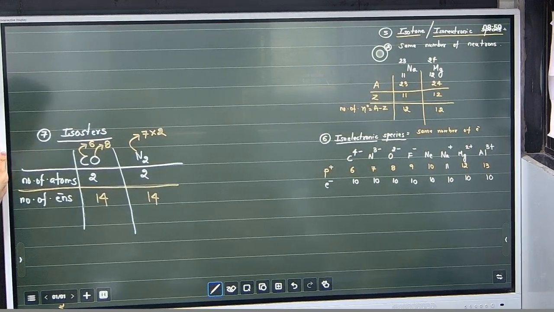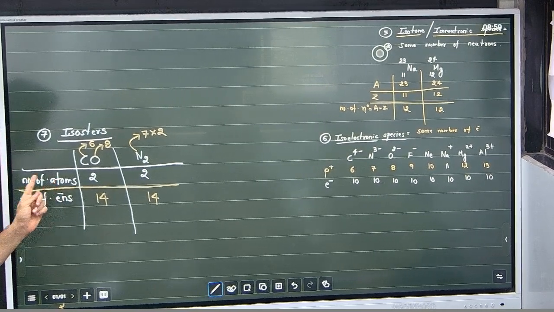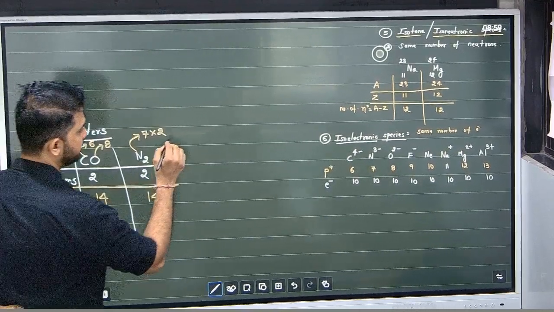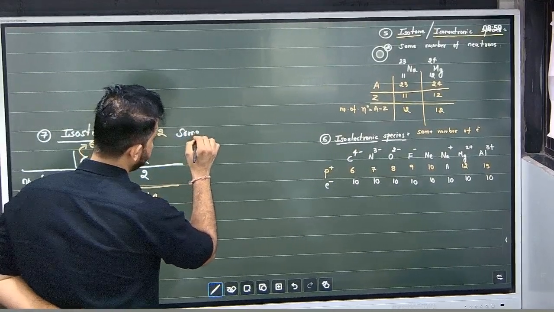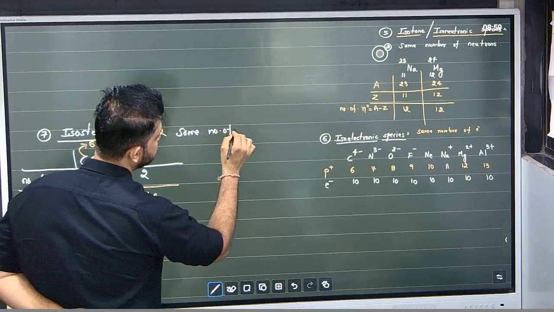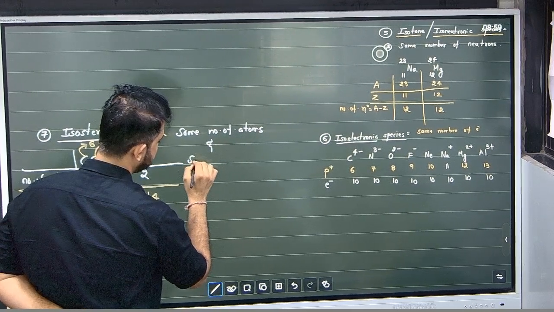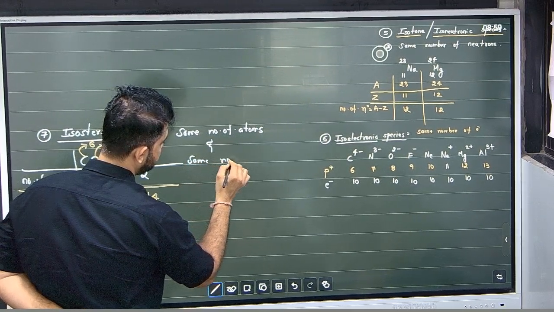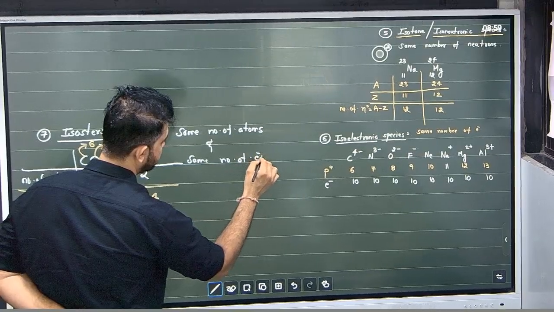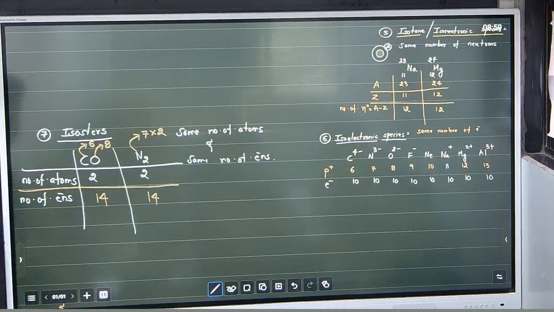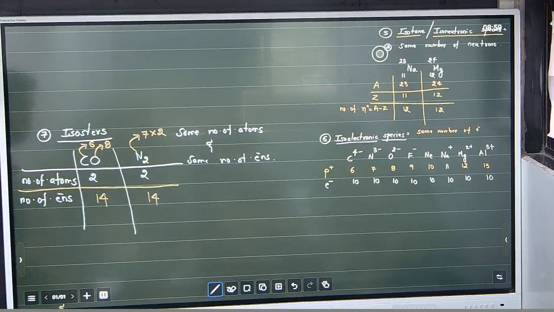Species having same number of atoms and same number of electrons. Did you people get that? That was the next atomic term.